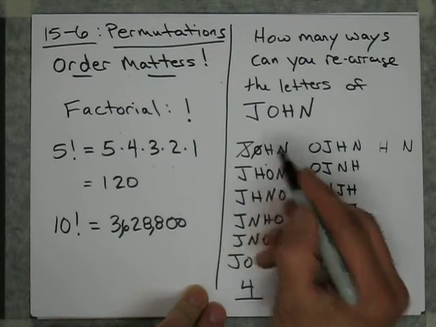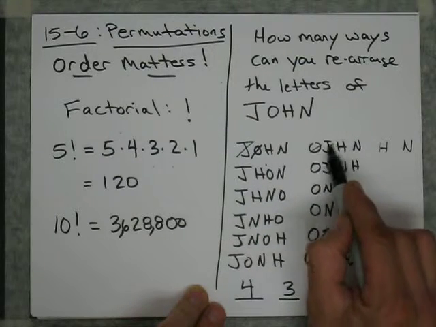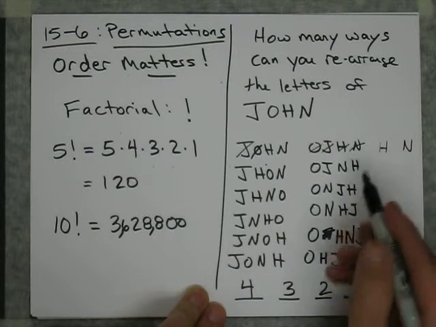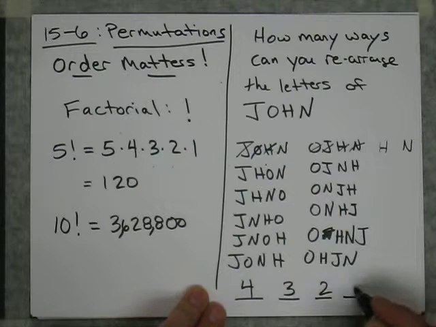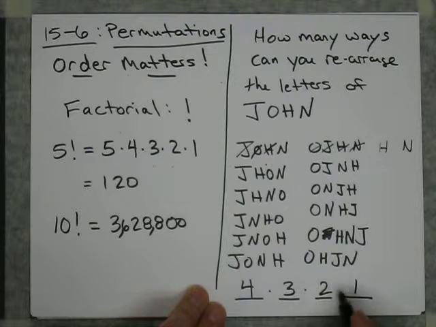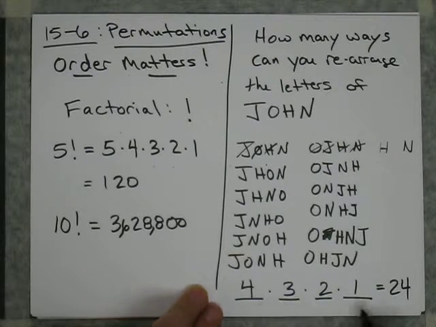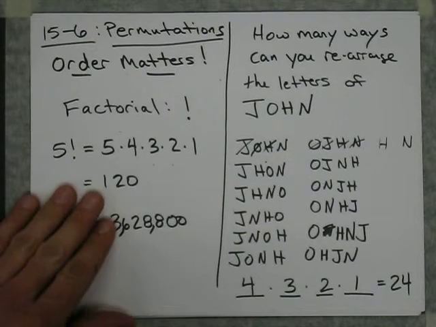Then as soon as I pick the second letter, there's 2 letters left. And then there'd be only 1 letter left that I could choose. So 4 times 3 times 2 times 1. Isn't that factorial? 4 factorial? Sure. And that's 24. So you could either do 4 factorial on your calculator, or you could do 4 times 3 times 2 times 1.